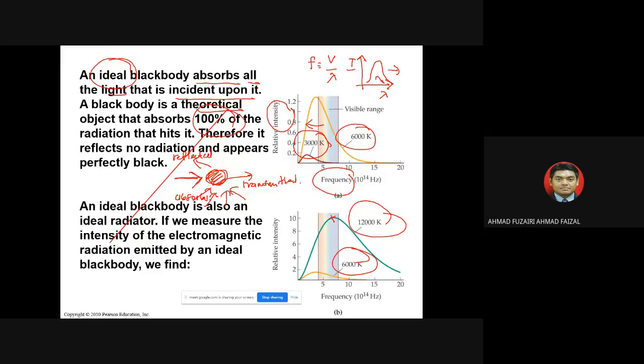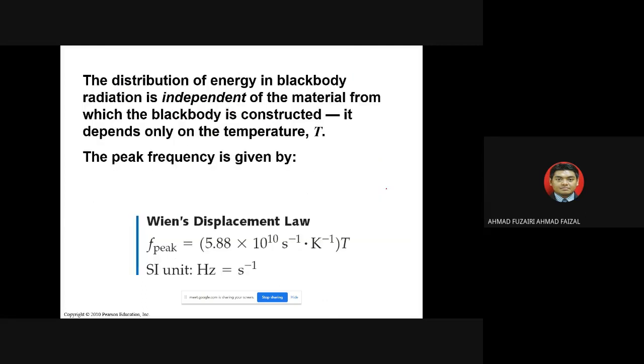And when the temperature increases from 6,000 to 12,000, you can see that the peak is in the visible range region. Remember, the visible range is from 400 to 700 nanometers. This one is the wavelength. If you want to calculate the lambda, you should use the formula f equals v over lambda. If you want to calculate the frequency, you should use v over lambda.